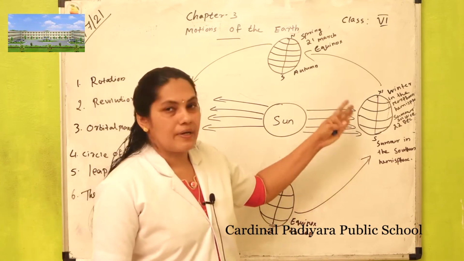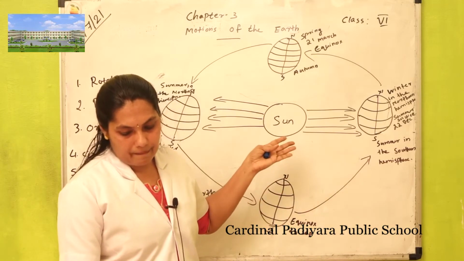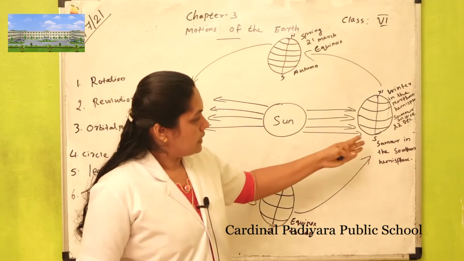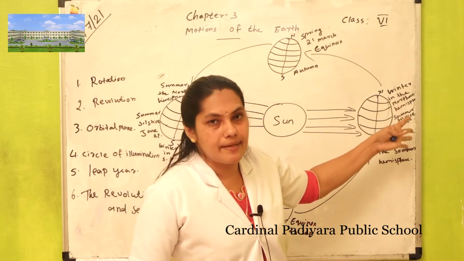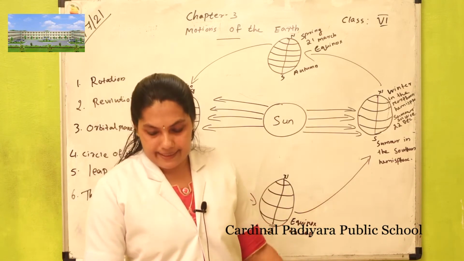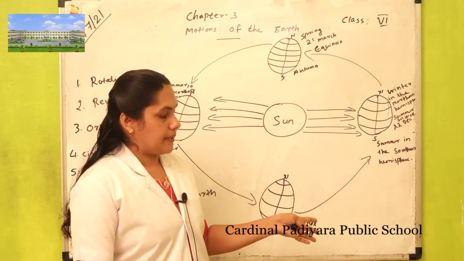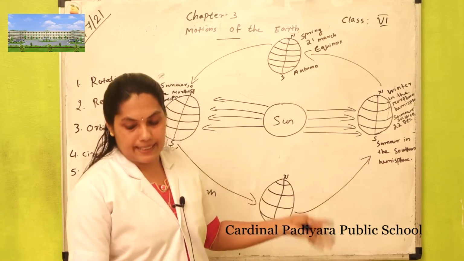That happens on 22nd December, when the Tropic of Capricorn receives the direct rays of the sun.